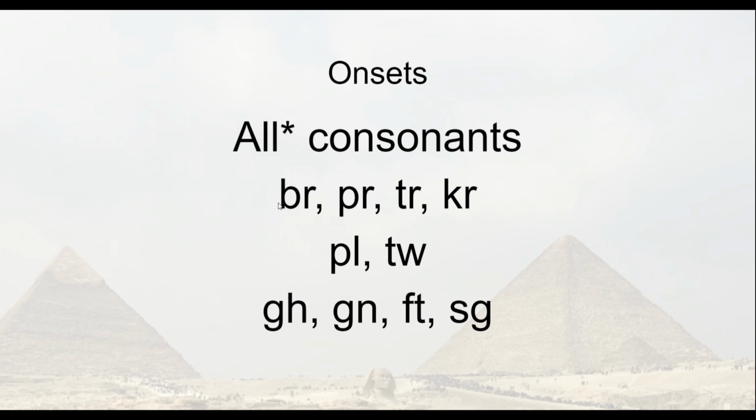Also, there are a few clusters that can occur as onsets as well, such as br, pr, tr. Also, pl and tw exist, but they're a bit more rare, and these I've only seen once or twice in words. So gh, gn, ft, and sg.